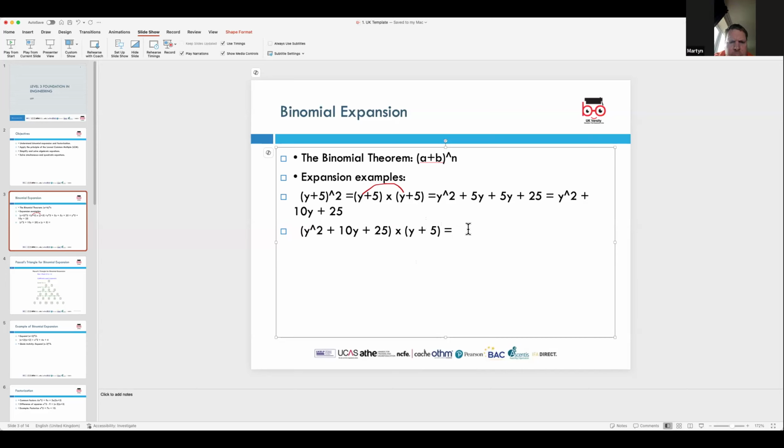So you'd start with y times y squared. What does that give us? Y cubed. Absolutely, right? And then what would we do next? Y times 10y. What do you think that would be? So you times y by 10y.